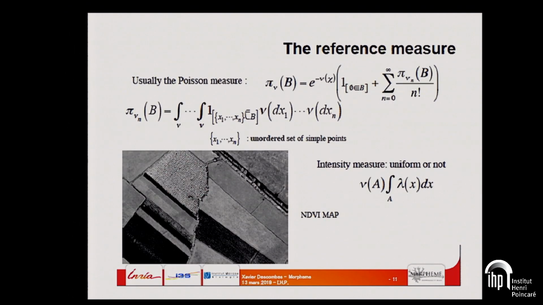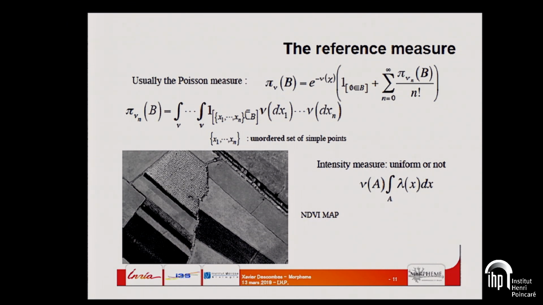So the next step is to define, if I want to sample some model, the reference measure. This is quite important because in most cases we forget about this. Usually when we talk about Markov fields in image processing, we just speak about the density, but we forget that we have in fact some reference measure.